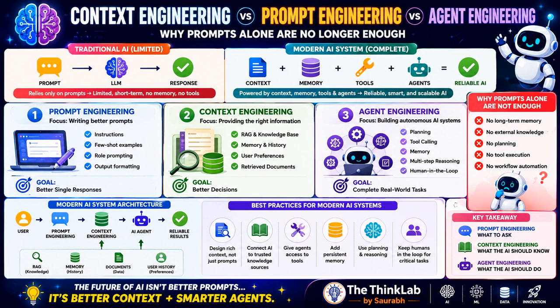This is why the future of AI is not about writing a better prompt alone. It's about building intelligent systems with the right context, memory, tools, and autonomous capabilities. Before closing, I hope this video helped you understand the difference between prompt engineering, context engineering, and agent engineering.